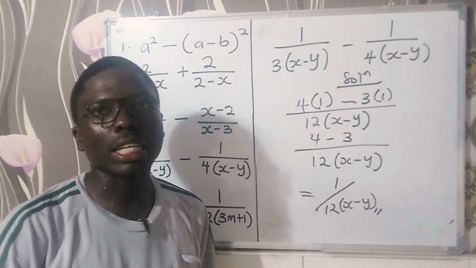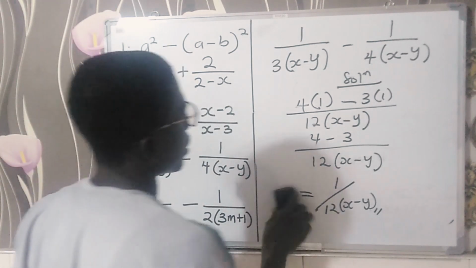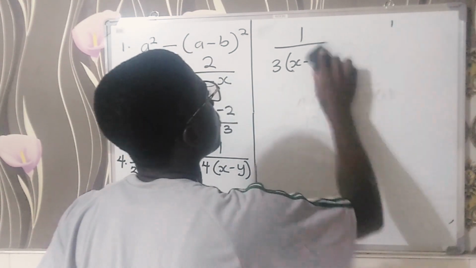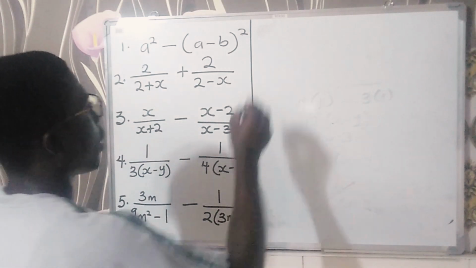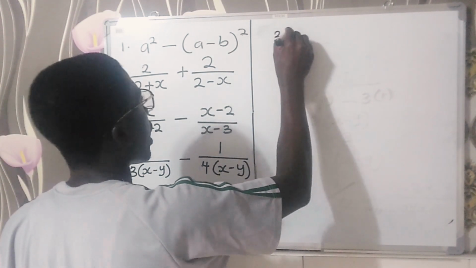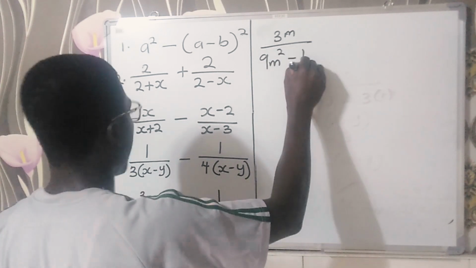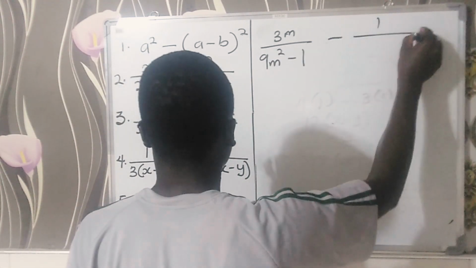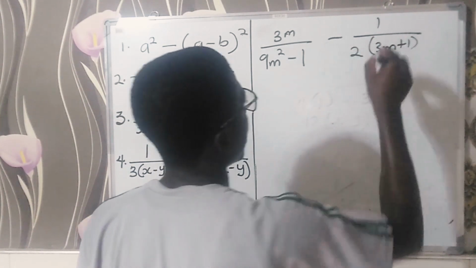So you're left with the last question, and then we are done with these few questions. So we move on to our last question, which is 3m out of 9m squared minus 1, less 1 out of 2 into bracket 3m plus 1.